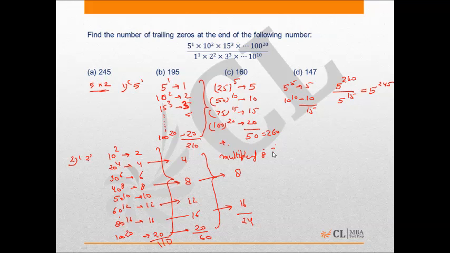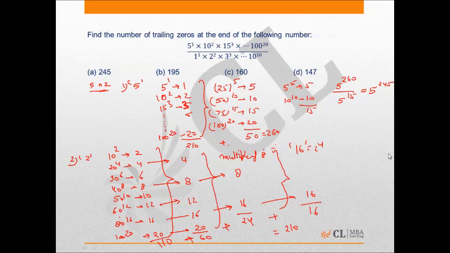And finally, when we have multiples of 16, which is in case of 80, 16 is 2 raised to power 4. So I'll again have 1 extra power of 2, so 16. So ultimately we have 110 plus 60 plus 24 plus 16, that is 210.